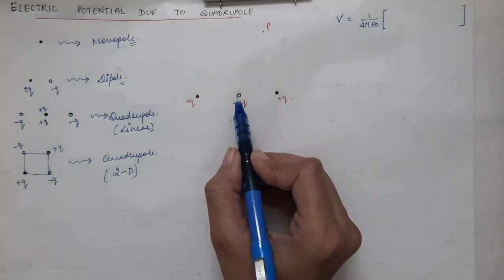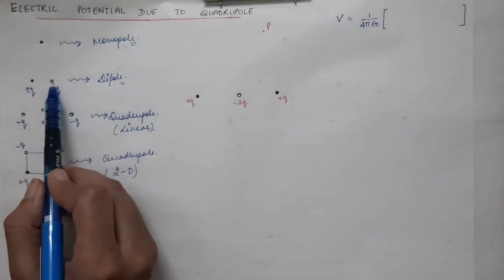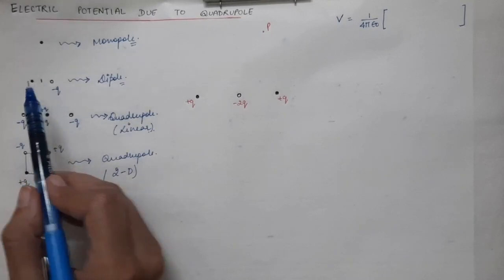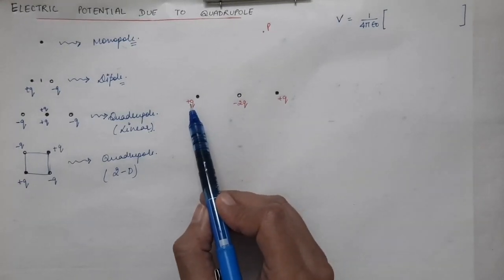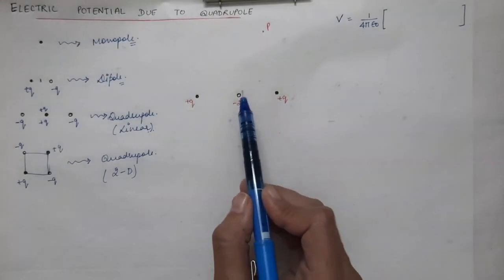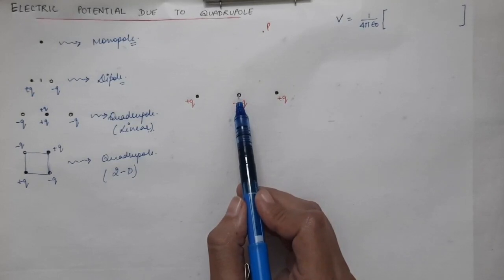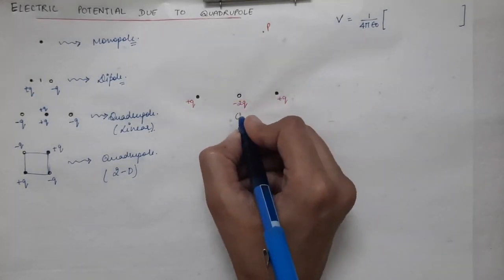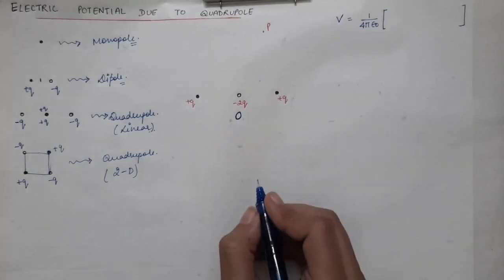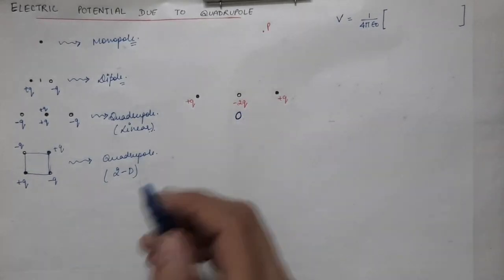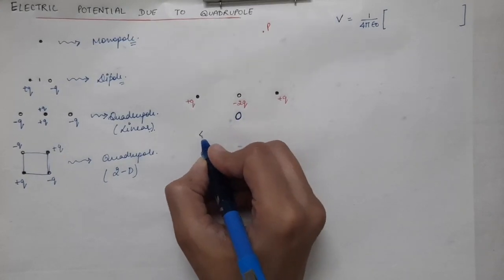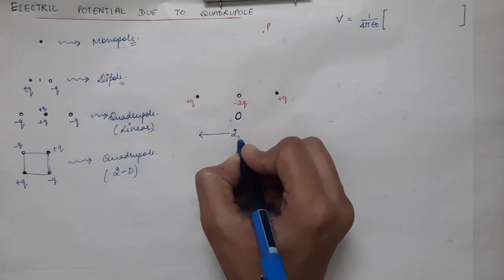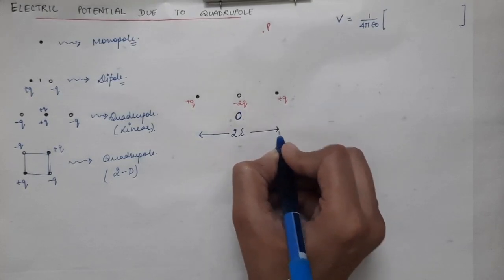As in the case of electric dipole, we considered this center as the origin. So in this case also, here I have plus q charge, here also I have plus q charge, so this center will be considered as the origin of the coordinate system. Let's say we denote it by capital O. Let's consider the distance of this plus q charge from this plus q charge; let's say this total distance is equal to 2L.